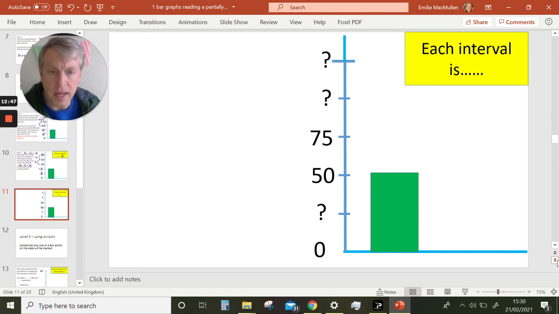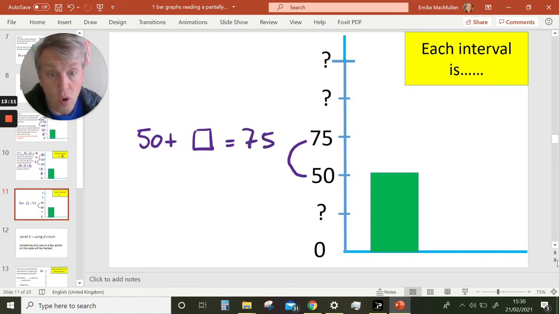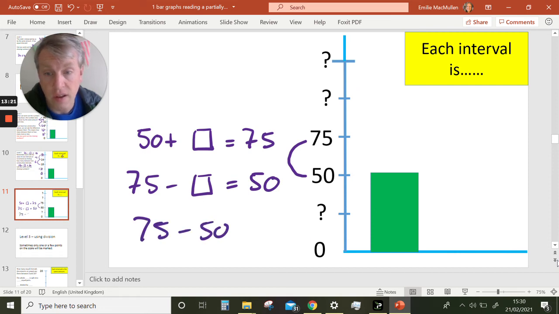What are the missing numbers here? I remember that in the autumn term we were looking at counting in our... Do you remember what we were counting? We were practicing something in year 4, counting in 25s, that's right. 50 to 75. 50 add how many makes 75, or 75 take away how many is 50. 75 take away 50 is 25.